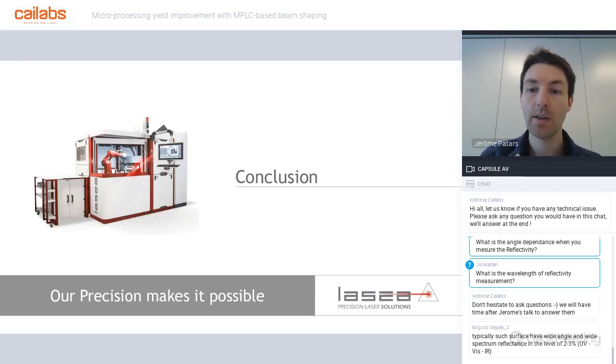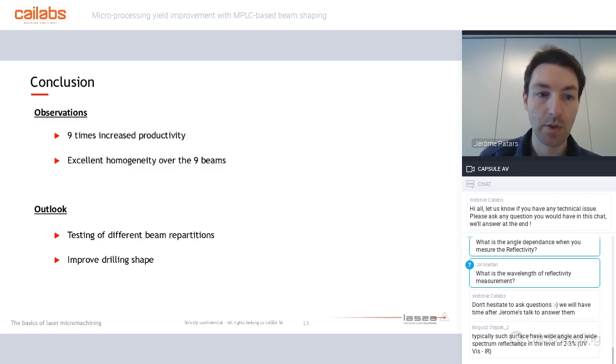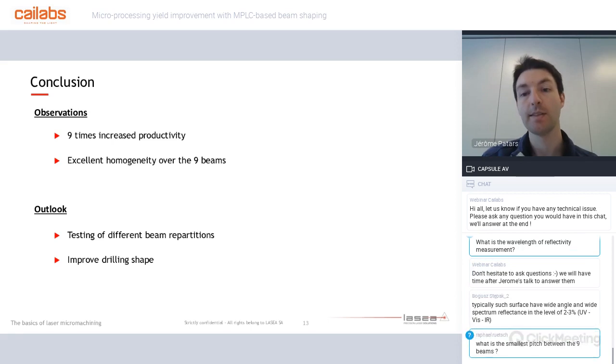In the next slide, I will finish with little conclusions, which is that we managed to increase the productivity by 9 times, maintaining the optimal fluence and using at its optimum the full output of a high power femtosecond laser, while having an excellent homogeneity over the results for the engraving.